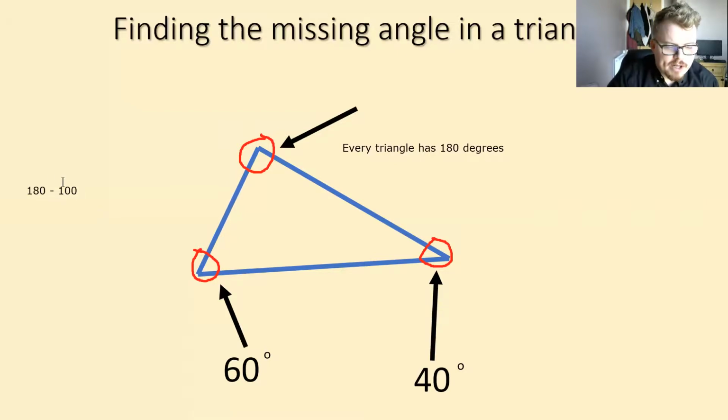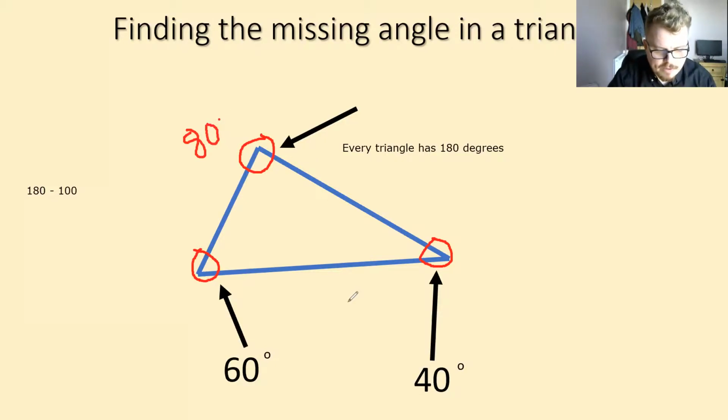So if we subtract 100 from 180, we get the missing angle. 180 subtract 100 gives me 80. So I know this missing angle is 80 degrees.